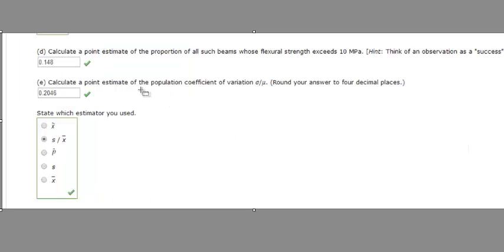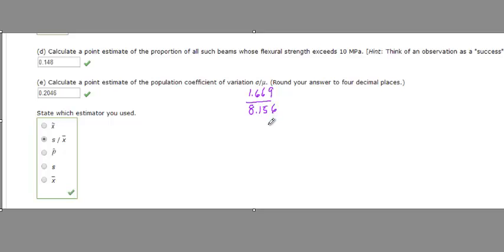This told me to calculate the point estimate of the coefficient of variation. I just did what they told me. My estimate for standard deviation, I believe, was 1.669. And my estimate for the mean was, let's see, I think this one was 8.156.